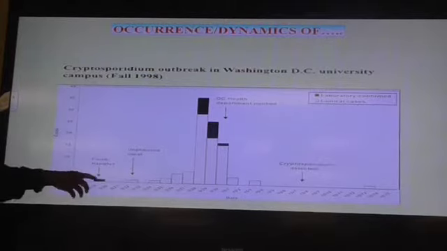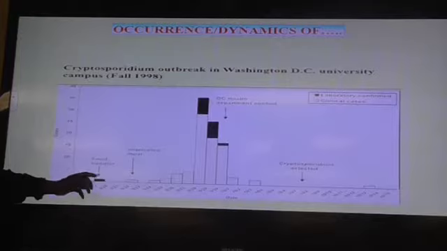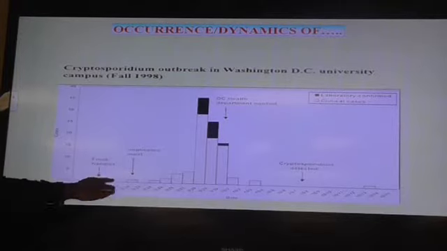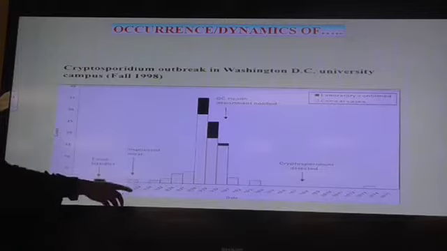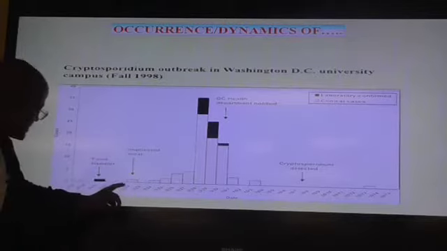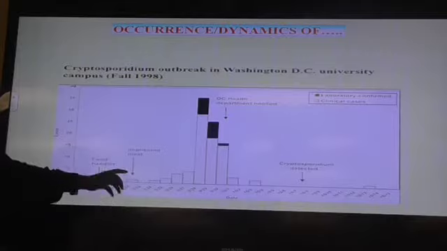This is what they finally found. The food handler, and this is, I think, a food handler who was infected here, who was involved in making the food. So this is the time that food was eaten. I think it's 9/22 here, September 22nd.